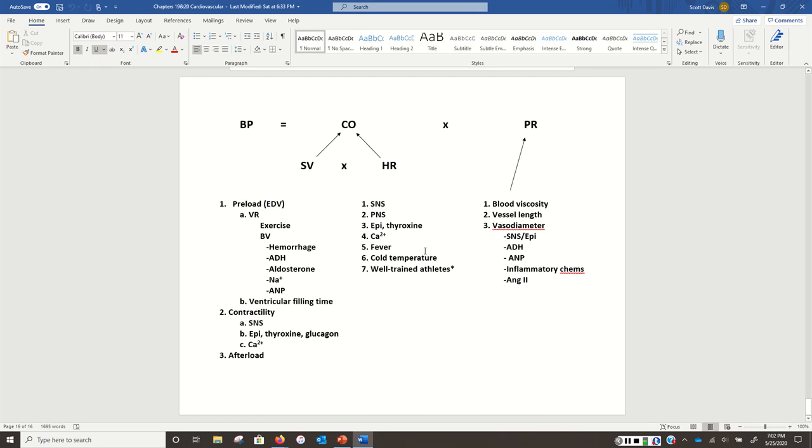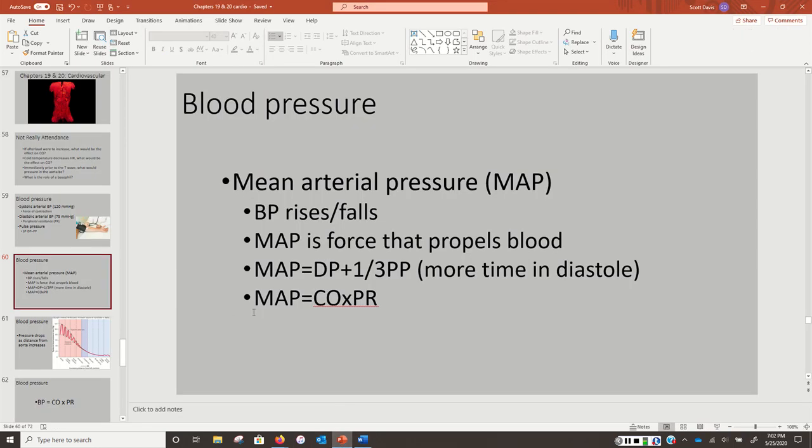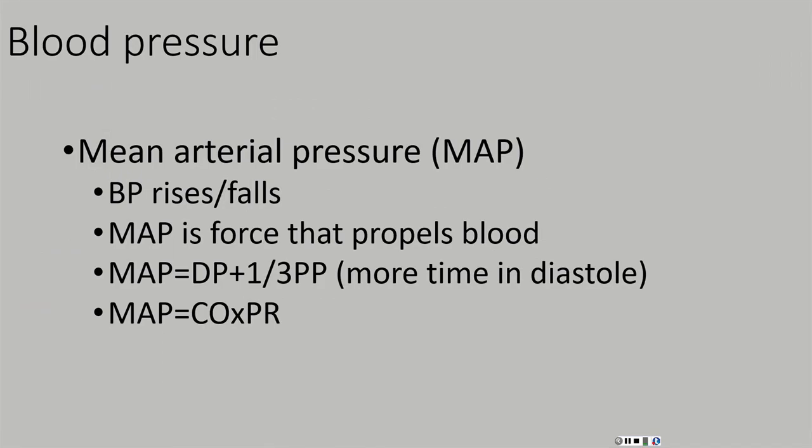Well, across the top we see blood pressure is equal to cardiac output times peripheral resistance. But over here, we said MAP was equal to cardiac output times peripheral resistance. So what does that mean? It means MAP and blood pressure are the same thing. It's just typically when we talk about blood pressure, we think of two numbers, systolic over diastolic. When we talk about MAP, it's a single number, 90 mmHg.